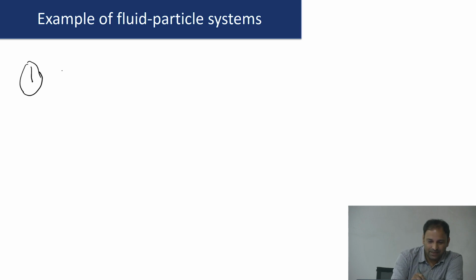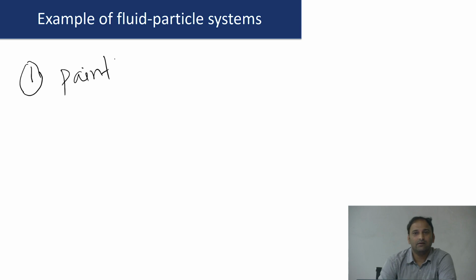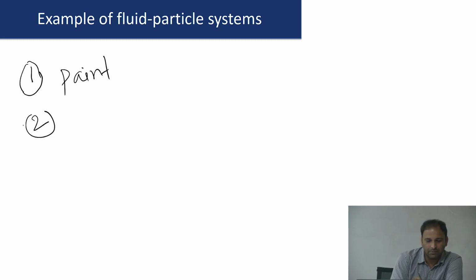Let's write some examples, right? How about paint? Right? Paint is typically, you have some solid particles dispersed in a fluid. Of course, there will be other additives like pigments and stuff like that, but definitely there are some fillers, and these fillers are going to be in the form of particles, and therefore paint is an example of a fluid particle system. Okay, any other examples?